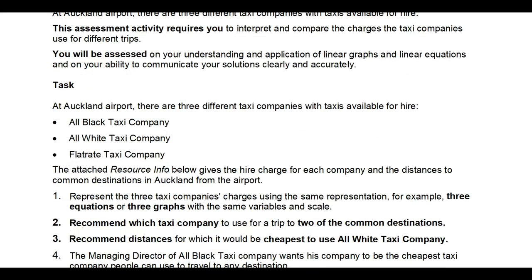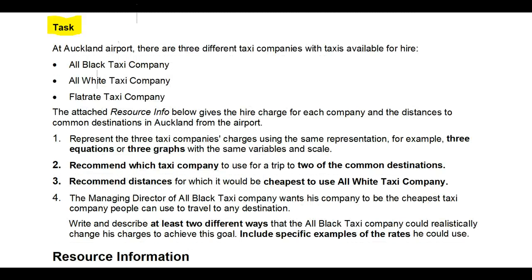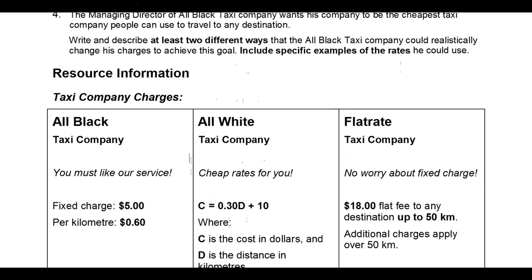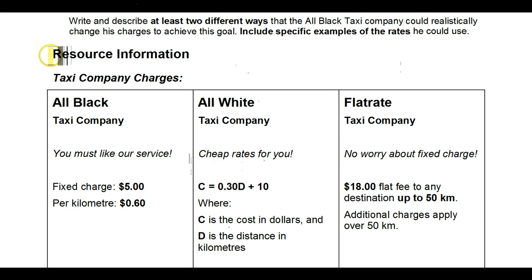As we scroll down here, I can see that there is a heading called task at the top there, and perhaps a brief rundown of exactly what's in the task, and then as you go towards the bottom, there are some provided resources, a resource information section.